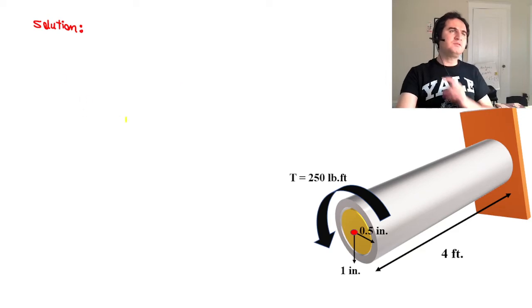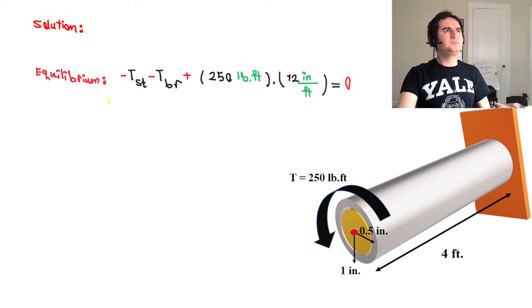For solving this problem, first of all, the solution goes by an equilibrium equation. The external torsion of 250 pound-feet should be canceled out by the two moments, one for the brass core and the other for the outer steel cylinder.